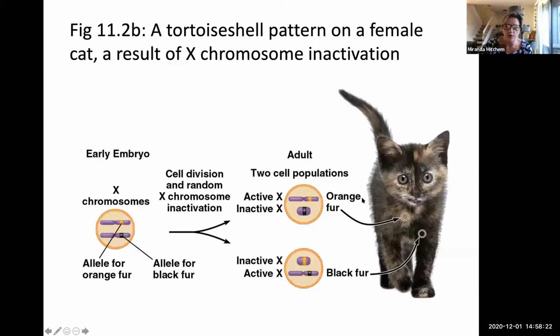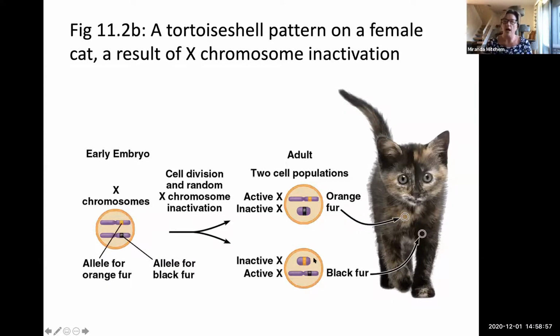So in order to get the orange spots of fur, the X chromosome with the orange allele is what is being transcribed and translated to produce the orange color fur, where the black containing chromosome is inactive. The black fur comes from the other chromosome that has the allele for the black fur, whereas the orange allele is silenced here.